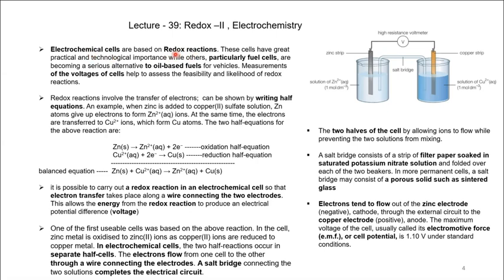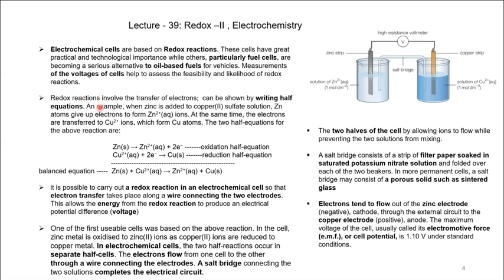It is based on redox reaction. This has practical and technological importance. For example, fuel cells are now becoming an alternative to oil-based fuel. Measurements of the voltage in a cell help us to see the feasibility and likelihood of a redox reaction.